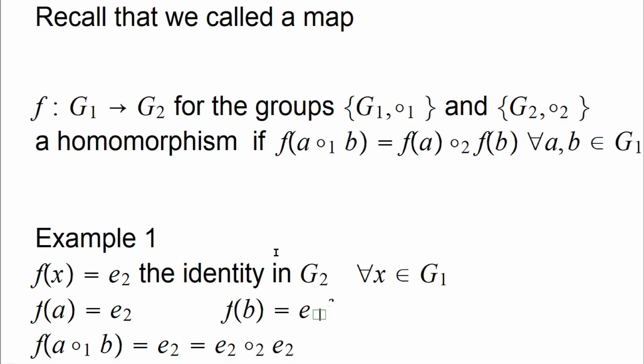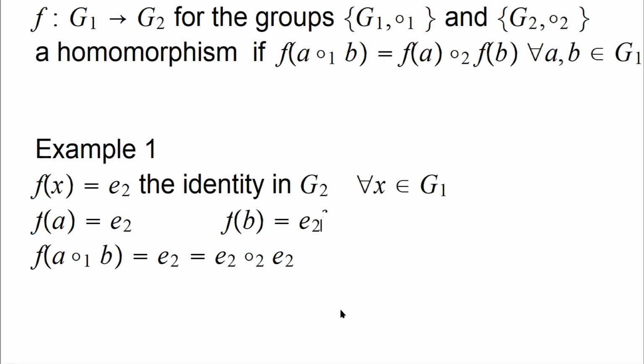So you can see in this manner that this becomes f of A times f of B, with the times coming from G2, because each of them is E2. So this is a homomorphism, a very simple one.